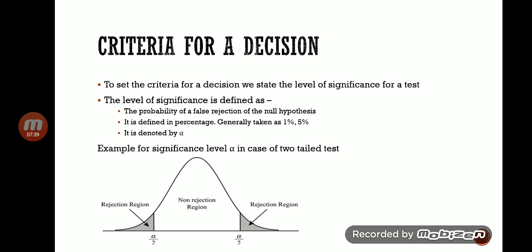So if you are having a level of significance as 5%, then you should be having a value greater than mean plus 2 standard deviations to reject your null hypothesis.